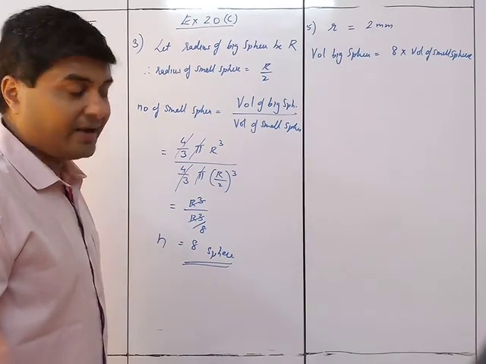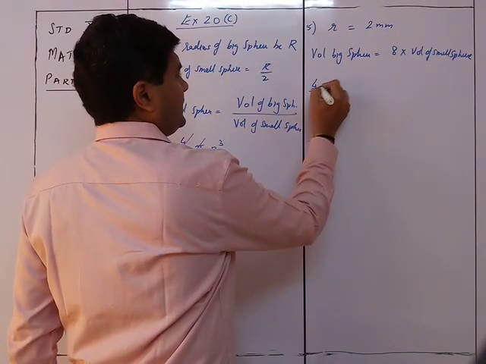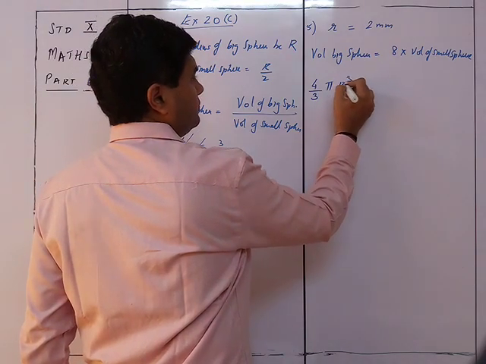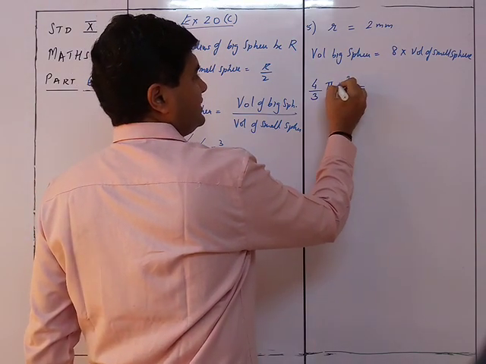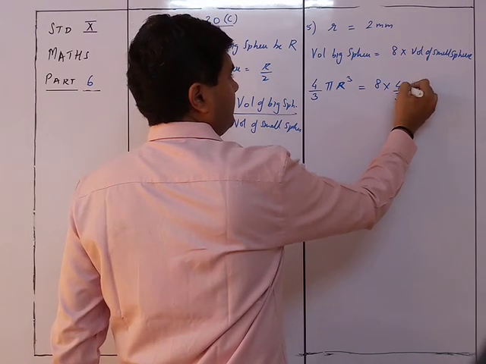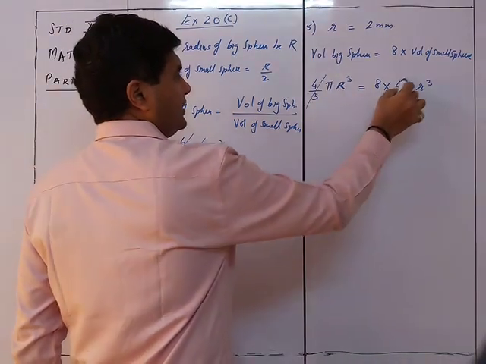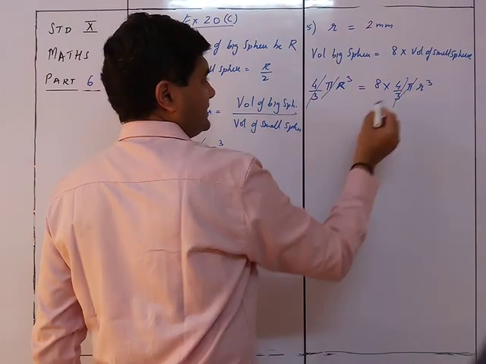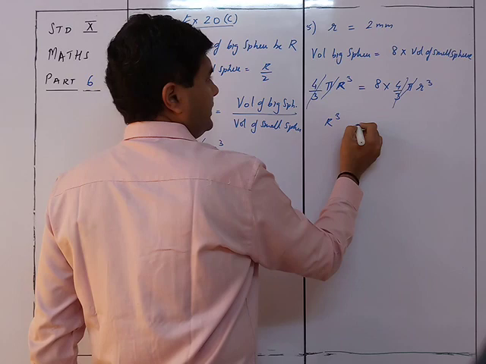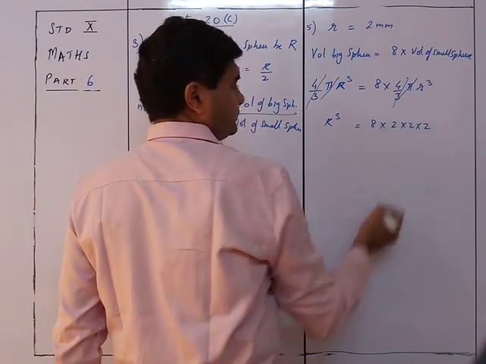We need to find the radius of the sphere, so we use the formula 4 upon 3 pi R cube, keeping it as capital R so that it's easier to identify both, equals 8 into 4 upon 3 pi small r cube. 4 upon 3 pi gets cancelled. We get R cube is equal to 8 into 2 into 2 into 2.